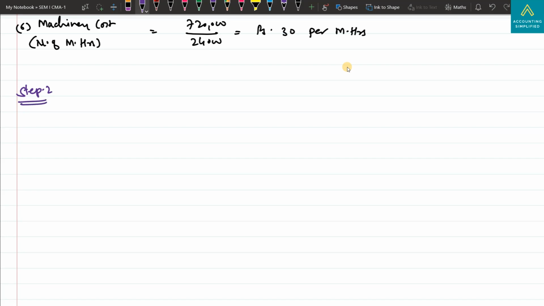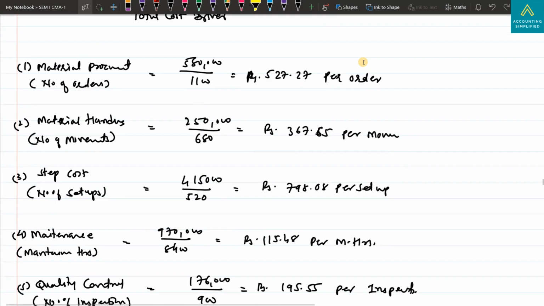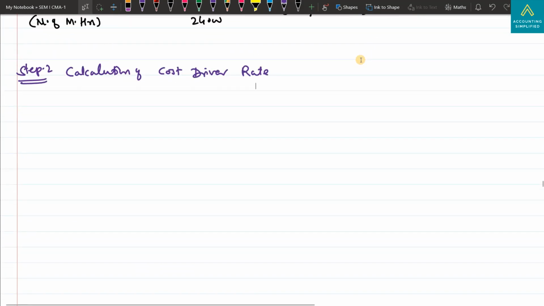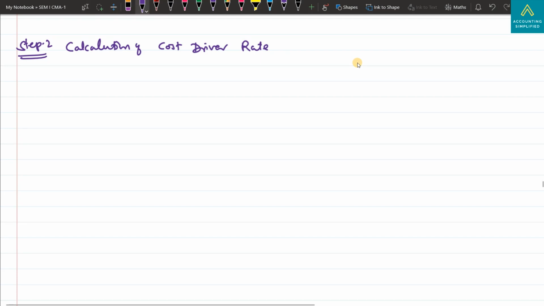Write down calculation of cost driver rate. Here we can find out per unit or total. If we find out total, then it comes to total. Whatever we do is exactly what we have learned.